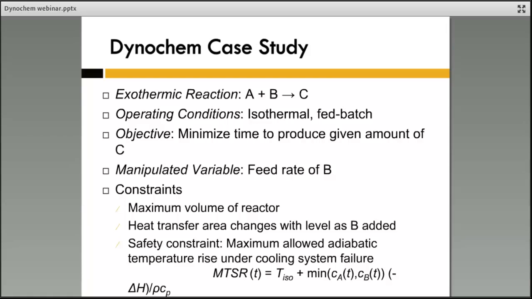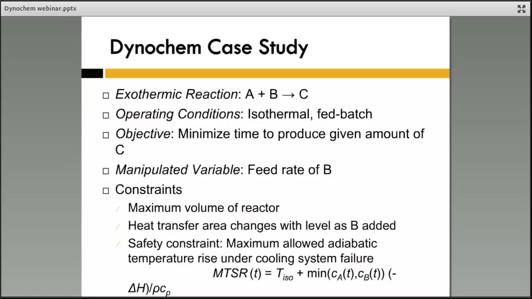So the DynoChem case study is an exothermic reaction, isothermal, fed batch, minimize time to make the desired amount of product, manipulating the feed rate. The only twist we add to the DynoChem model is that we tell them they only have a maximum volume of reactor. We remind them that heat transfer area changes with level.